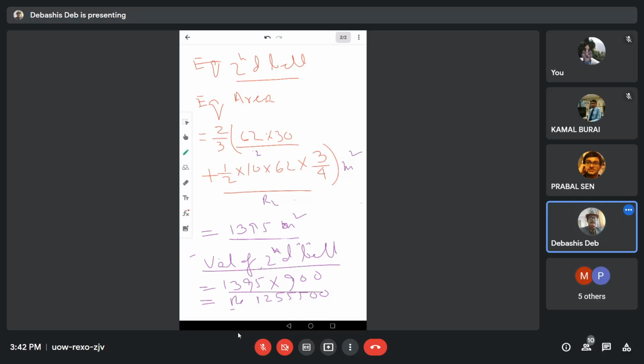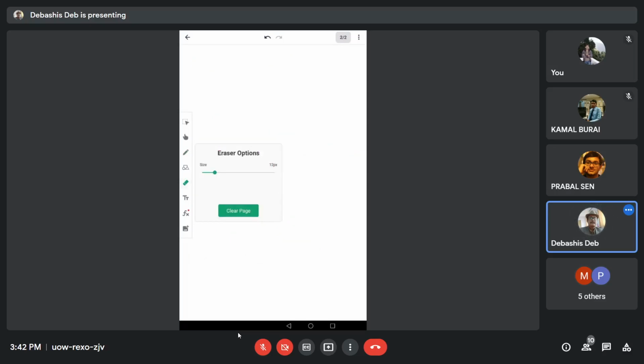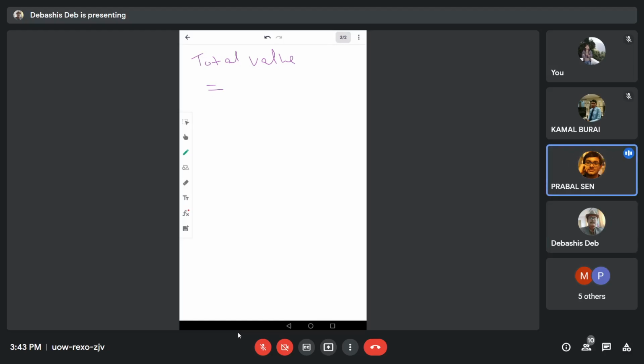Write down, then total value, summation of the two. 2470500.